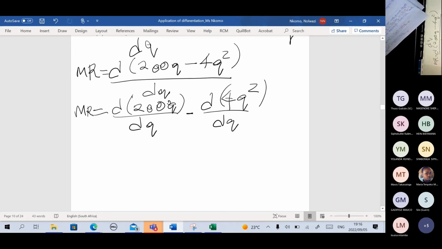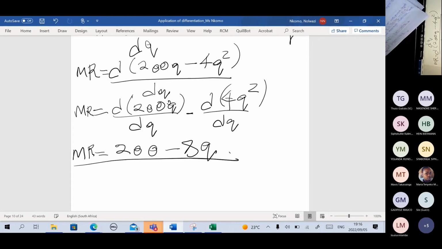So our marginal revenue would be 200 minus 8Q. Right? Yes. Okay, that's good.